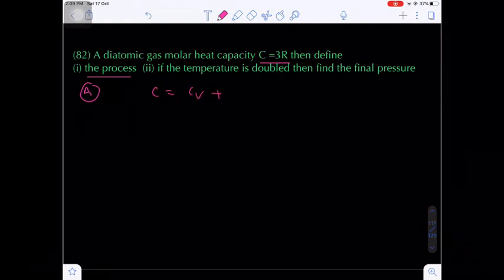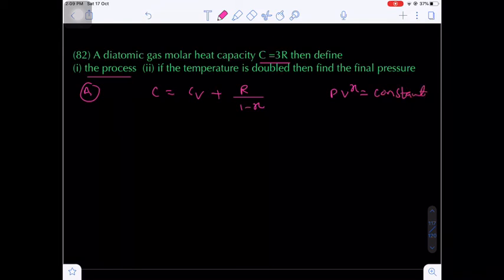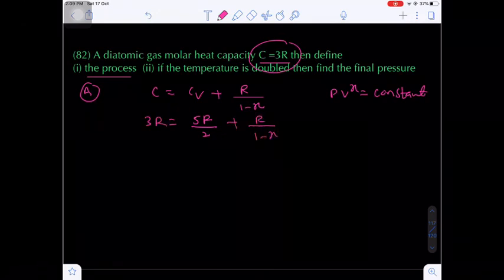C equal to CV plus capital R upon 1 minus x. This is the general expression for a polytropic process, that is PV to the power x equal to constant. Now for diatomic gases, what is the CV value? 5R by 2. And what is the C value given in the question? That is given as 3R, plus R upon 1 minus x.